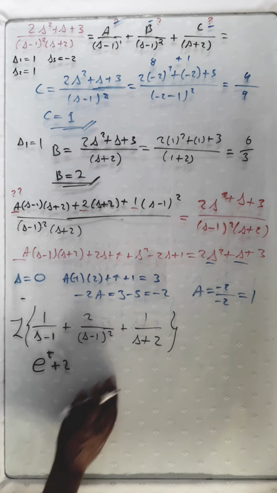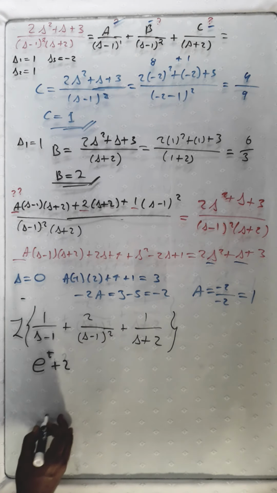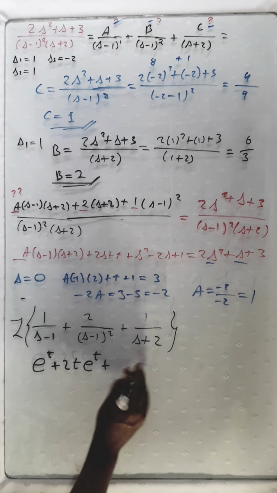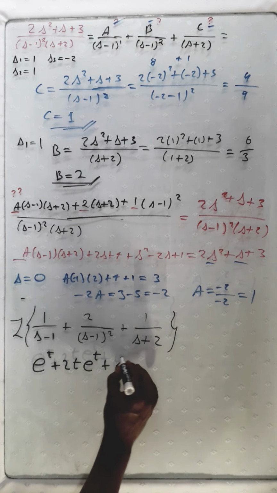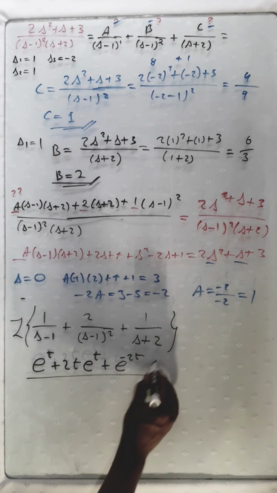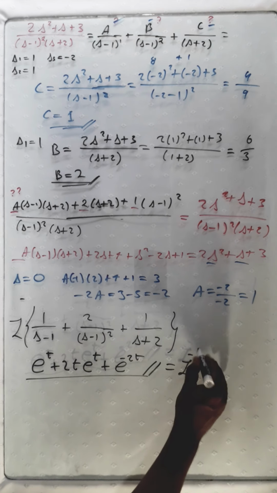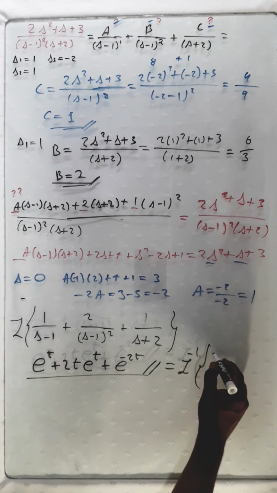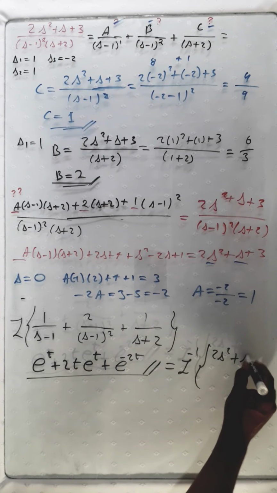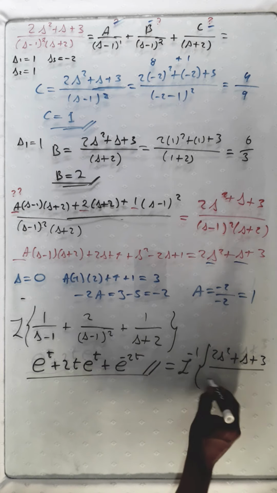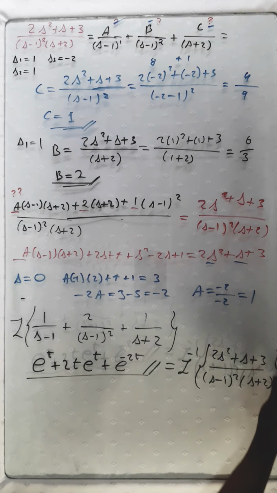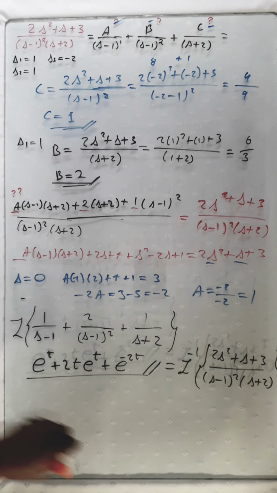The Laplace inverse of this, if you check your formulas, is going to be t exponential of t, plus the Laplace inverse of this is going to be exponential of minus 2t. And this is the Laplace inverse of the original fraction, 2s squared plus s plus 3 divided by (s minus 1) squared times (s plus 2). So this is the result of the Laplace inverse of that fraction.